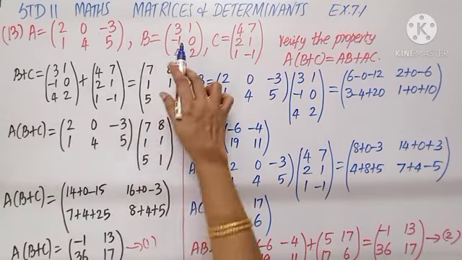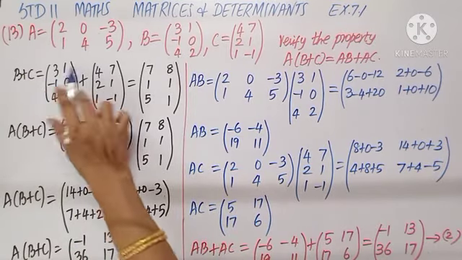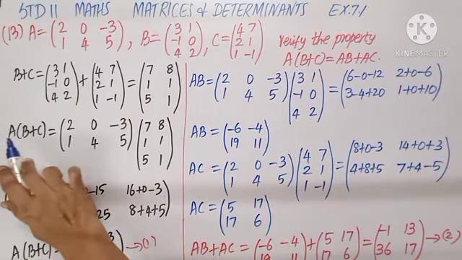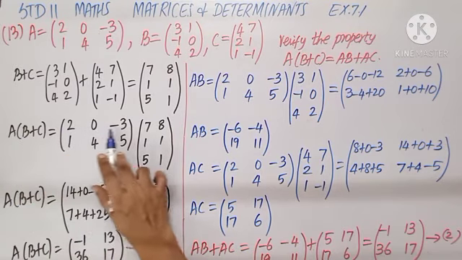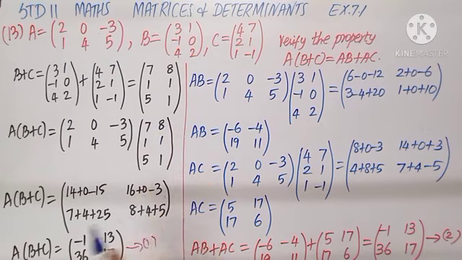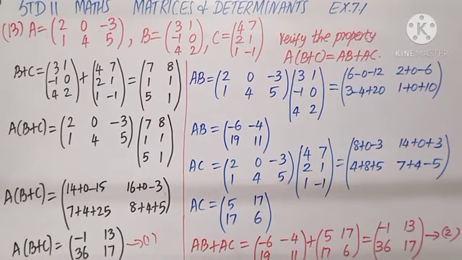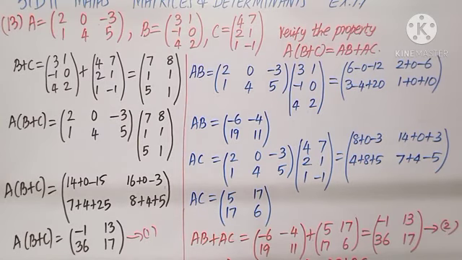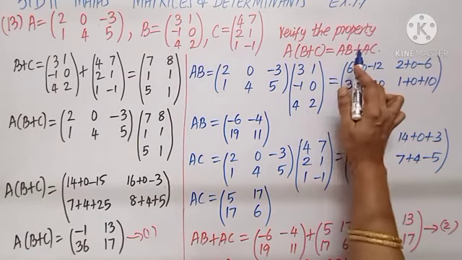B plus C: as we add corresponding entries. A into B plus C: first row by first column, first row by second column, second by first, second by second. That answer we shall mark as number 1. Proceeding to RHS, we'll find out AB.